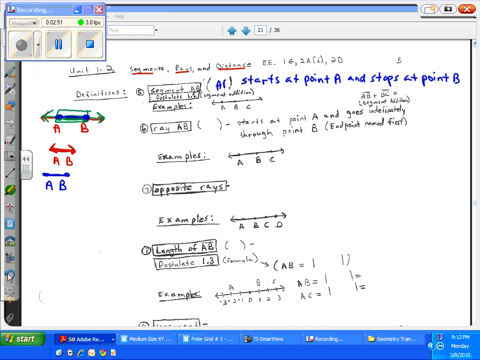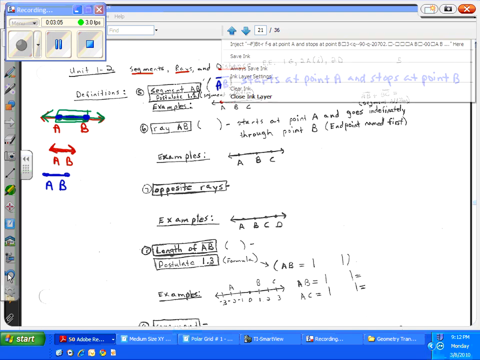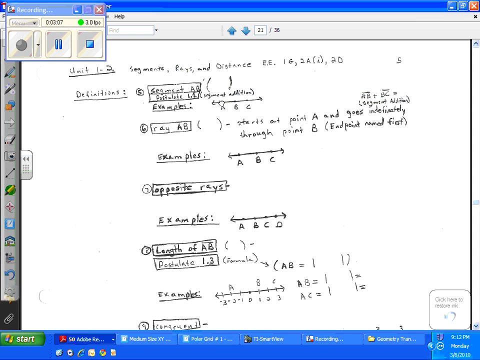So the symbol for a segment is just that, segment AB.